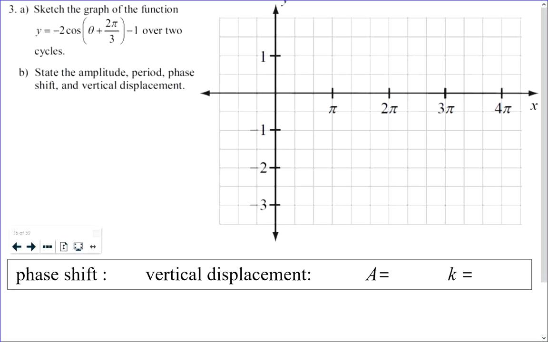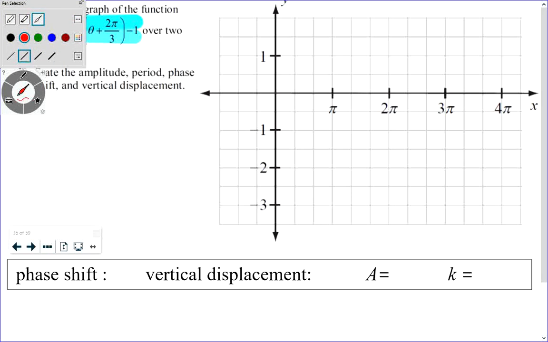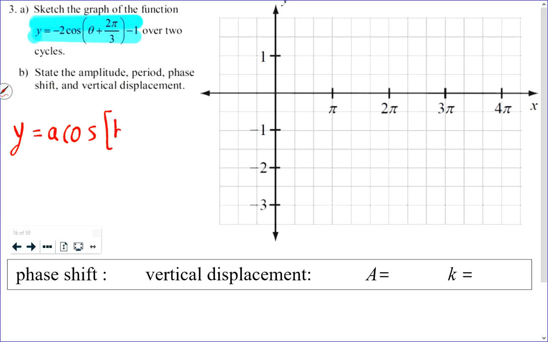The bottom line is you're going to have to compare the function given in the question to the general cosine function that appears on your formula sheet, y equals a multiplied by cosine of the entire quantity b times x minus c, and then plus d, for you to determine the parameter values of a, b, c, and d.